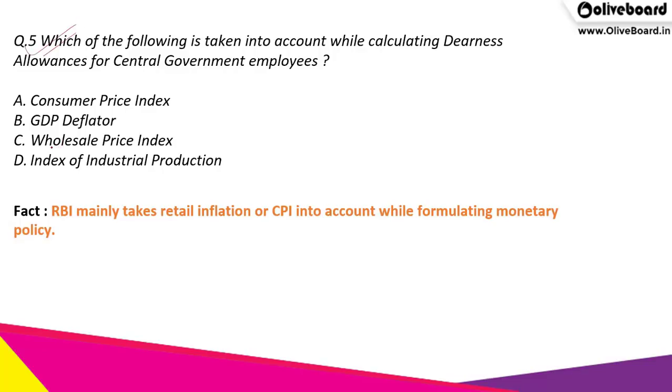B, GDP deflator, which we are going to learn in the next slide. C, wholesale price index, and D, index of industrial production. The correct answer is consumer price index, because central government employees, they are consumers, right? So it makes sense. Now there is a fact, RBI mainly takes retail inflation or CPI into account while formulating monetary policy also. This is very, very important, guys.